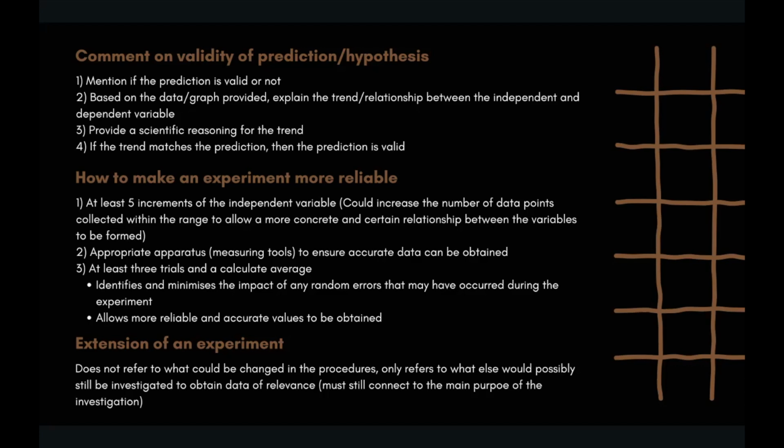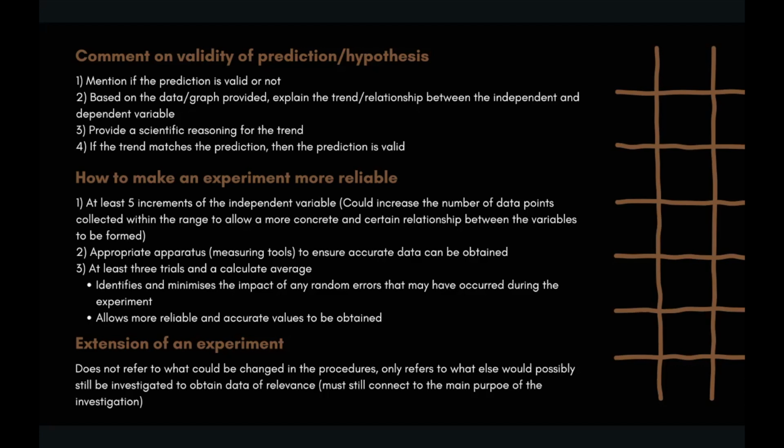And of course, the most common answer, unless specified anywhere else, would be to increase the number of trials and to calculate an average and provide a justification, because this question is usually 2 marks, in which you identify and minimize the impact of any random errors that may have occurred, so you obtain more reliable and accurate answers.